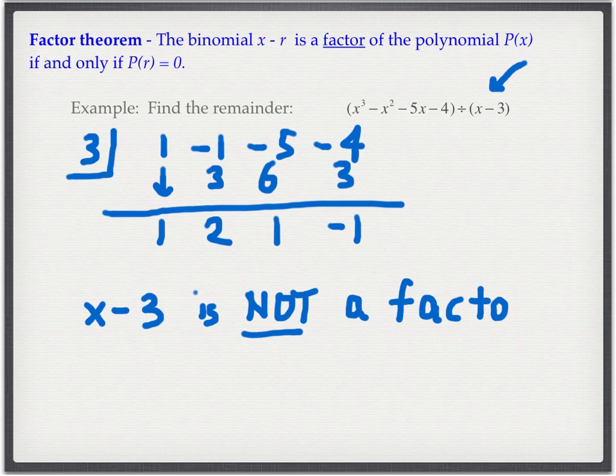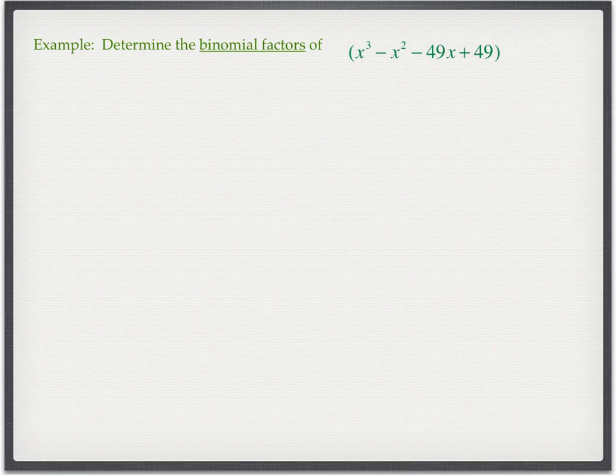If it was a factor, the remainder would have been 0, and it would have been able to divide in there evenly. So that's what I was looking for in just trying to find the remainder. So x minus r, in this case x minus 3, is not a factor of this polynomial because there is a remainder.